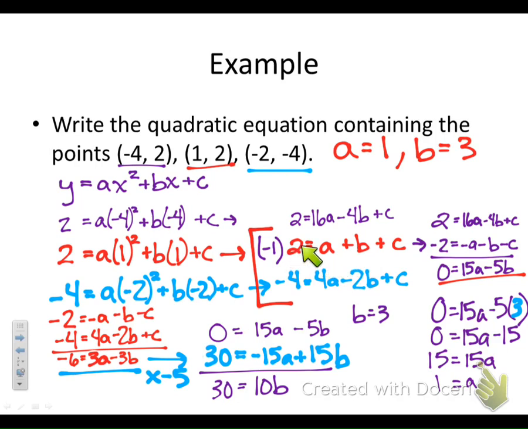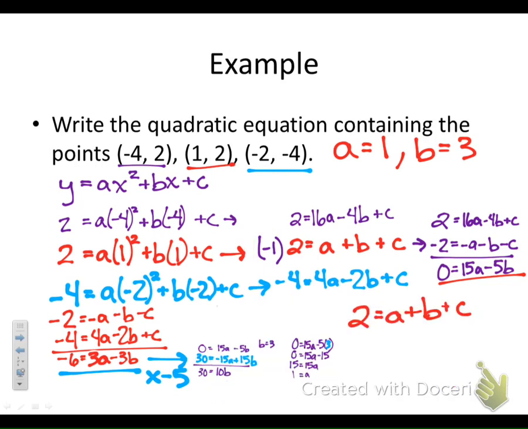This one in red looks the simplest: 2 equals A plus B plus C. Plug in 1 and 3. So 2 equals 1 plus 3 plus what to get 2? I'm going to have a negative number somehow. It's -2. The constant term is -2.